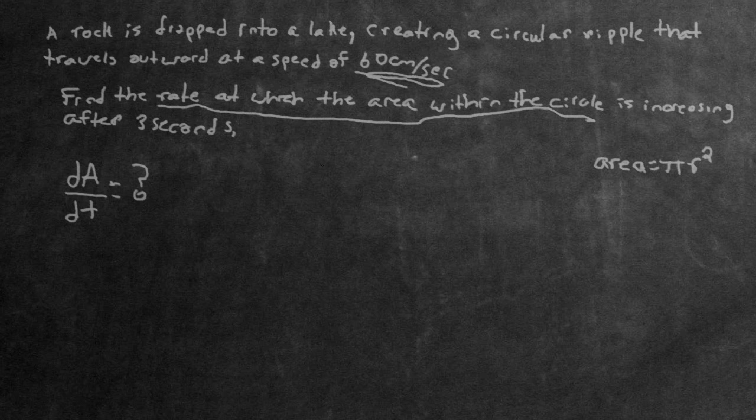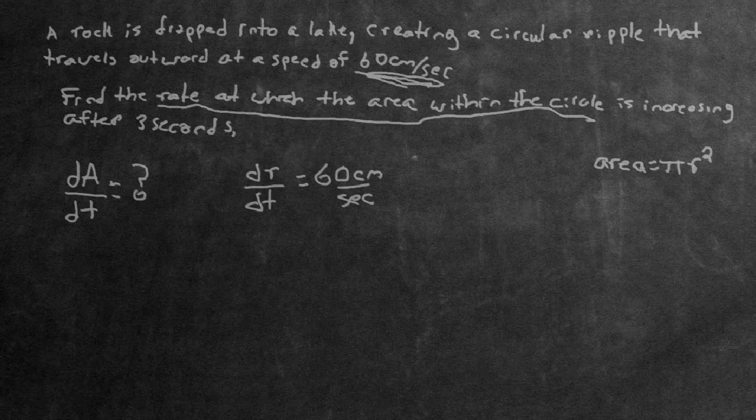That's actually the change in the radius, because the radius is going to be increasing at a rate of 60 centimeters a second, because that's the rate at which the ripple is moving outward. The circle is expanding. So we have the rate of the radius, its change over time, dr/dt, that's going to be equal to 60 centimeters a second.